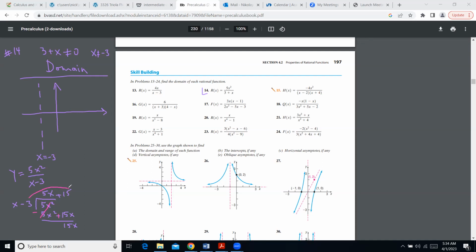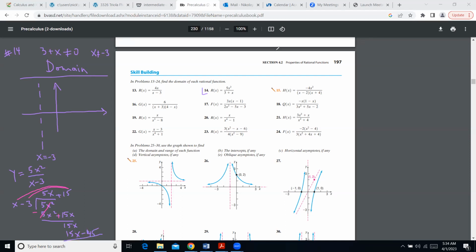I multiply this back, and we finish this division process, because now I get exactly 15x under the 15x, and then minus 3 times 15 is 45.